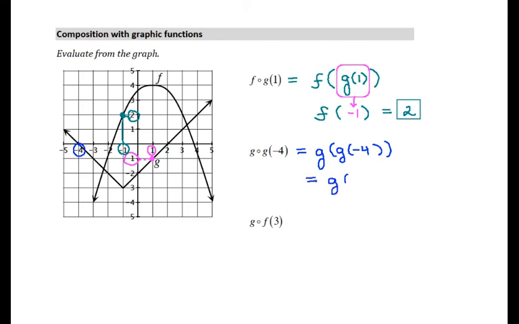g of -4 is equal to 0 because -4 is an x-intercept of the function g. And then g of 0, here's 0, tracing to the function g, we get -2.